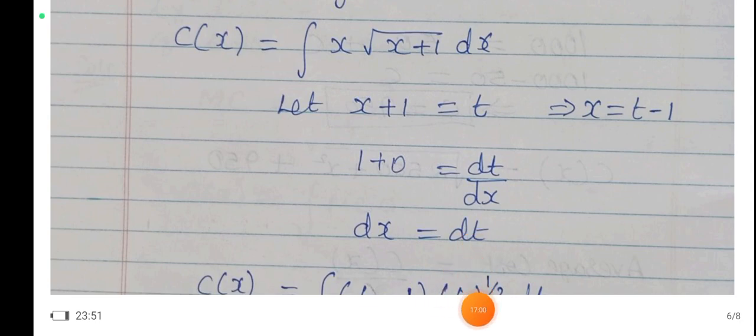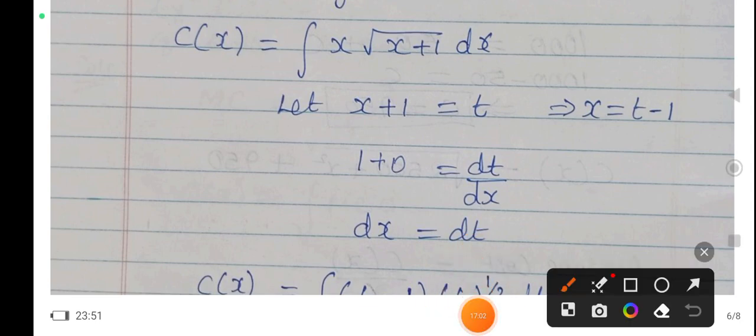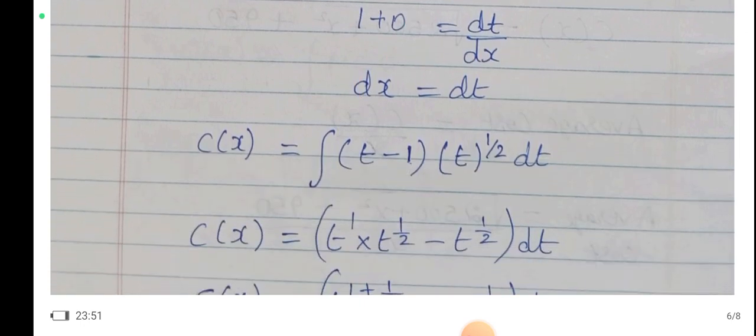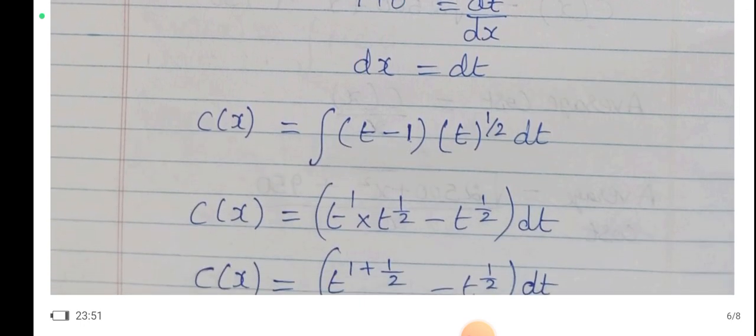Now for integrating, we have to use the substitution method, so differentiation. x differentiation is 1, 1 differentiation 0, t is dt by dx. So we are getting dx as dt. Clear? Check.